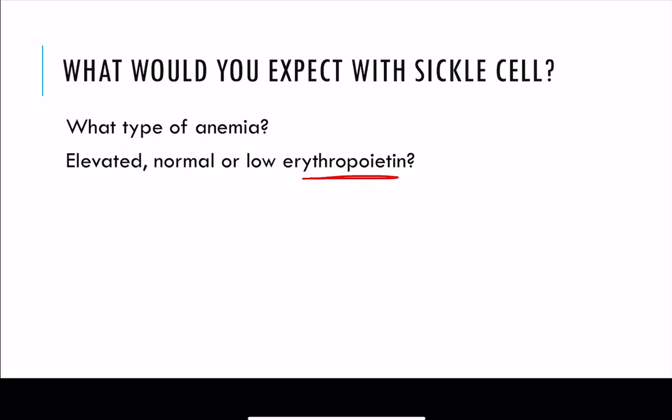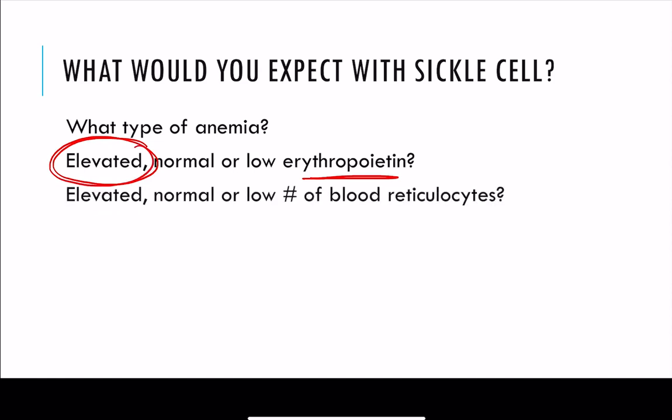So in hemolytic anemia, would you expect the kidney to be releasing the hormone that would stimulate red blood cell growth? Do you think this hormone would be higher than normal, unaffected, or lower than normal? If you're breaking the cells down, your body's going to try to compensate by making even more cells, and that signal is erythropoietin, so I would expect elevated erythropoietin.